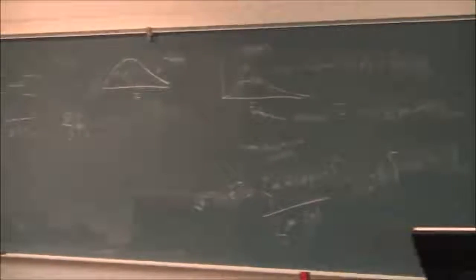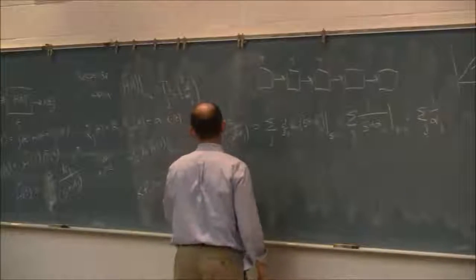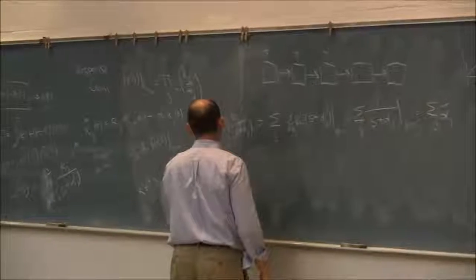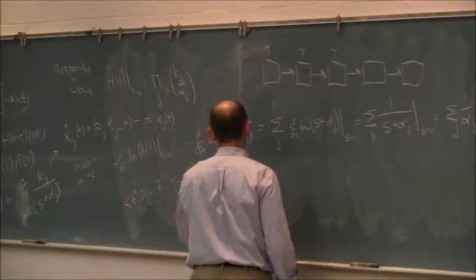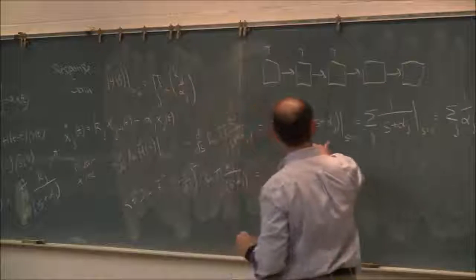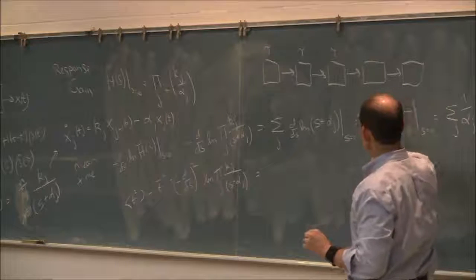So T average squared minus T bar squared is minus DDS squared log of the product over J, Kj over S plus alpha J. And we've already done the first derivative. So doing the first derivative gets us to here.